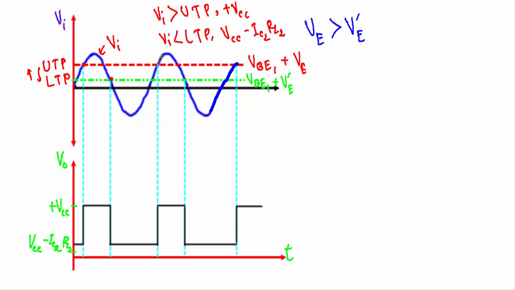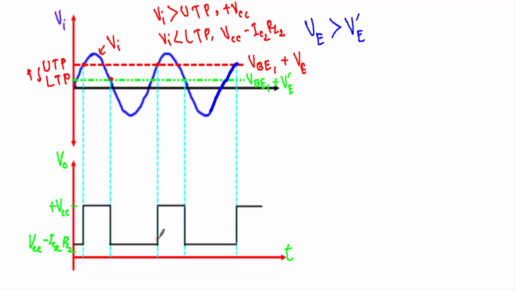As long as the input voltage is less than this UTP, our output voltage will be situated at this level, VCC minus IC2 RL2, and you will see that at this point our input voltage is crossing this UTP level. When the input voltage is greater than UTP, our output voltage will again come from this level to the plus VCC level.